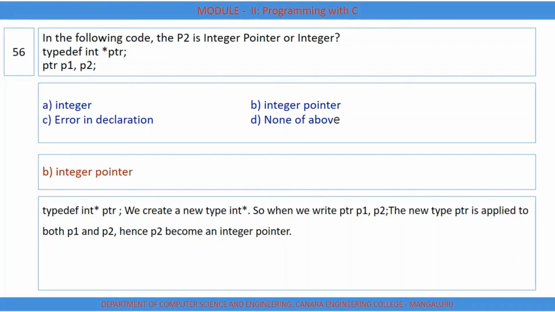Answer is option B, integer pointer, because in the question, typedef int star pointer creates a new type, int star, which is a pointer. Then we write pointer P1 and P2. So the answer is option B, integer pointer, because here both the variables P1 and P2 become integer pointers.